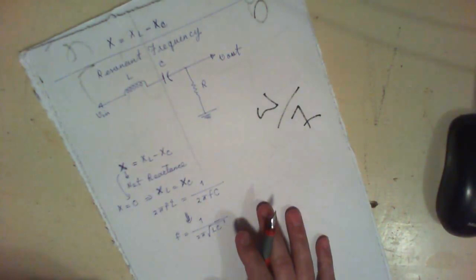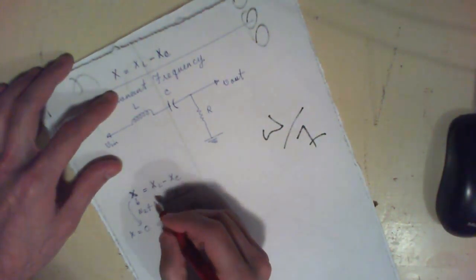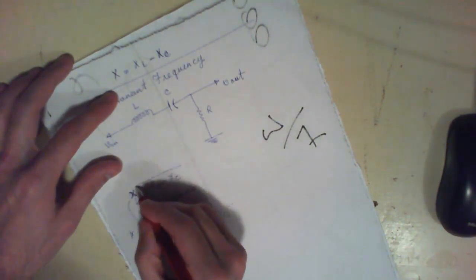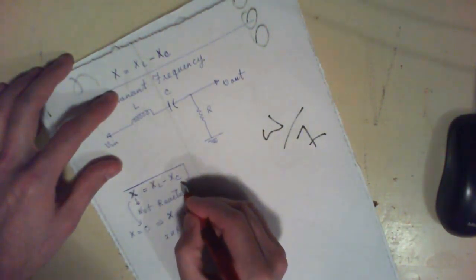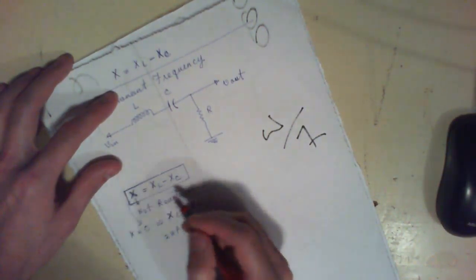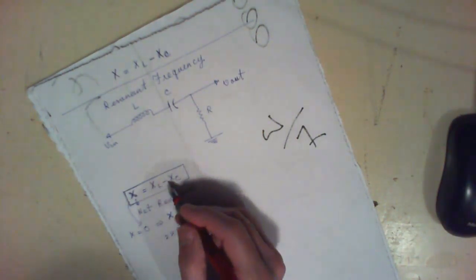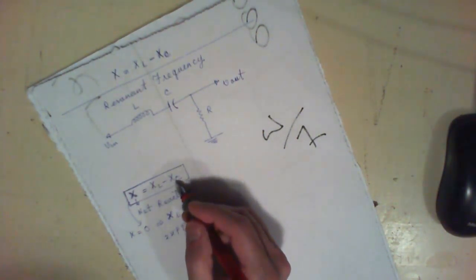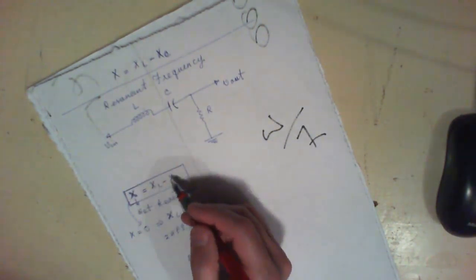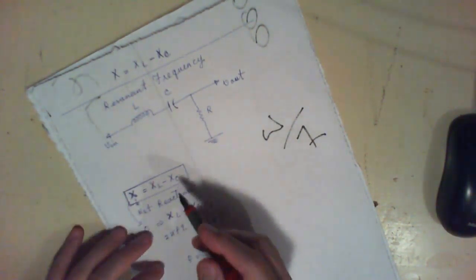For example, why has net reactance been defined the way that it has been defined? Why is it X of L minus X of C? Why is it not the other way around? Or why is it not the sum of the two, or some other relationship between the two?